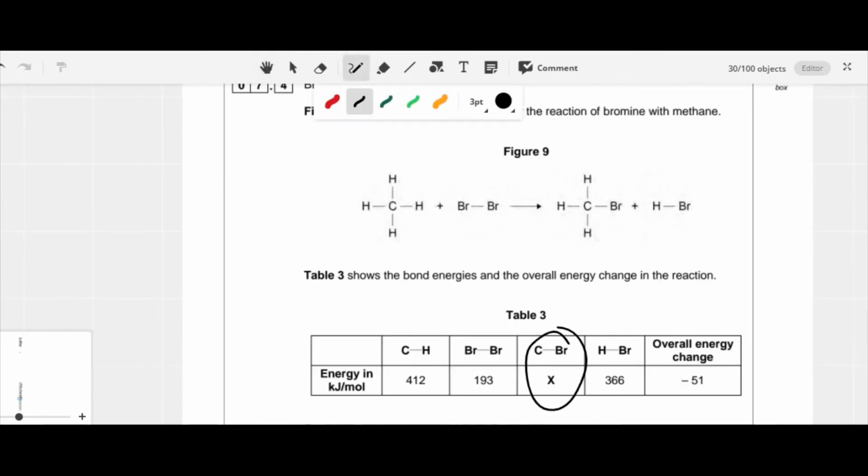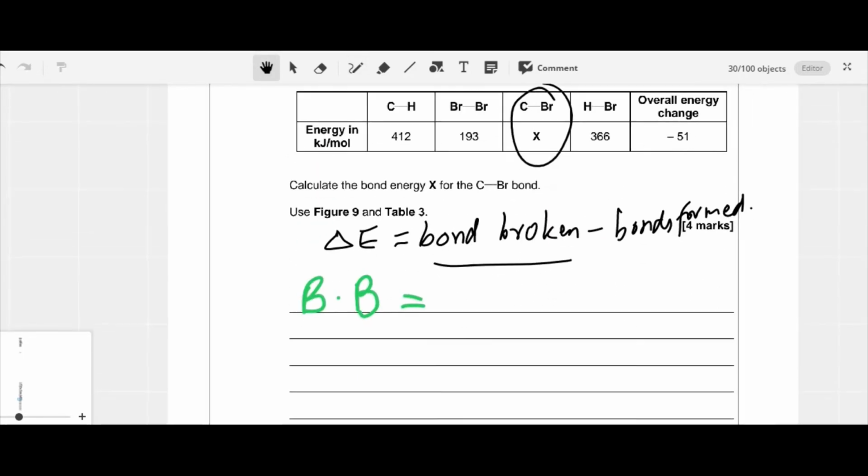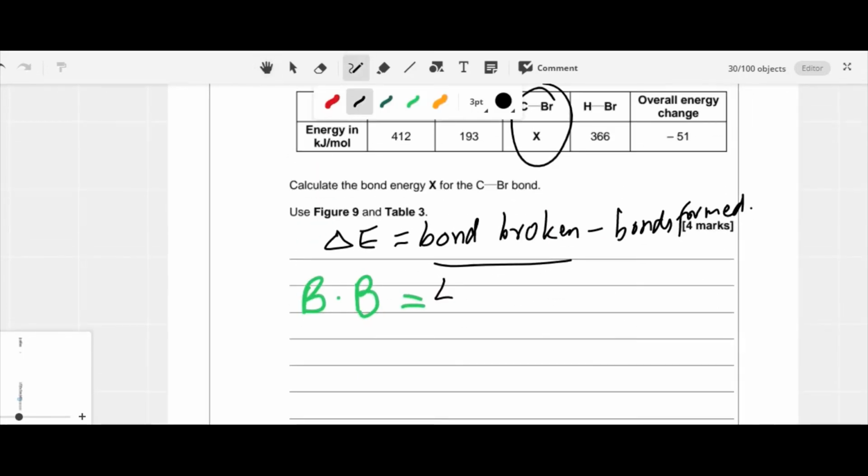As we know, during the reaction the reactant bonds will break, and the new bonds in the product will be formed. So the bonds formed are the product's bonds, and the bonds broken are the reactant bonds. In CH4 there are 4 C-H bonds, so we write 4, and the C-H bond energy is 412.